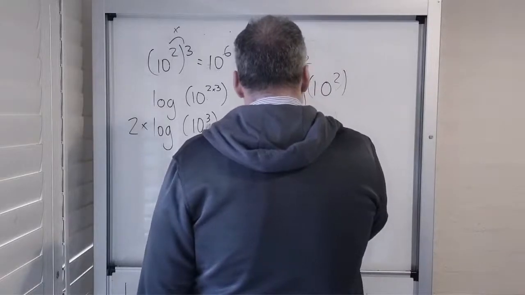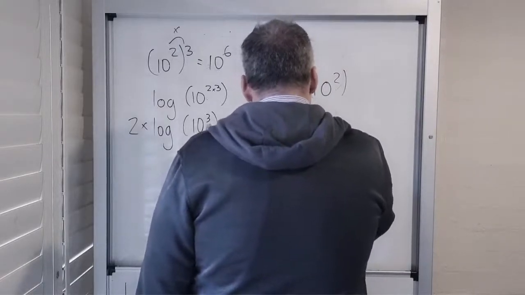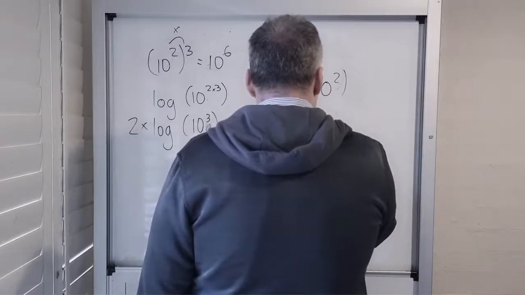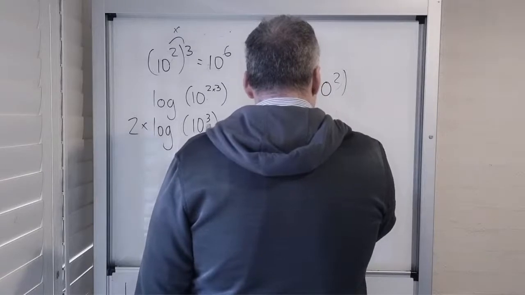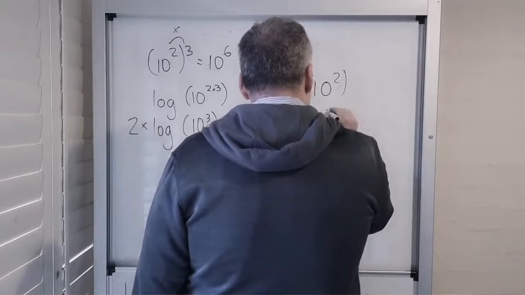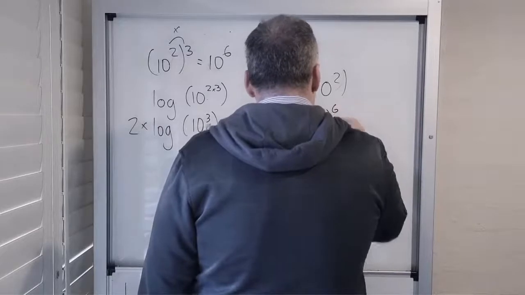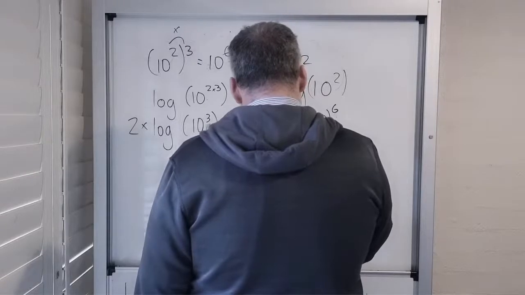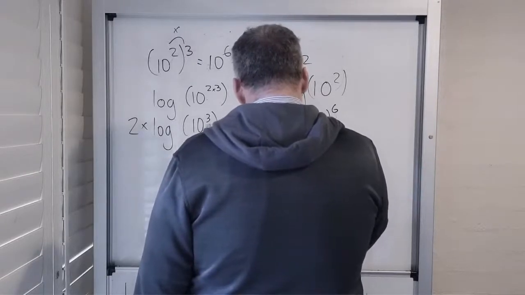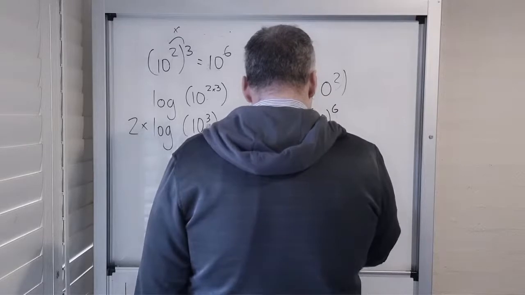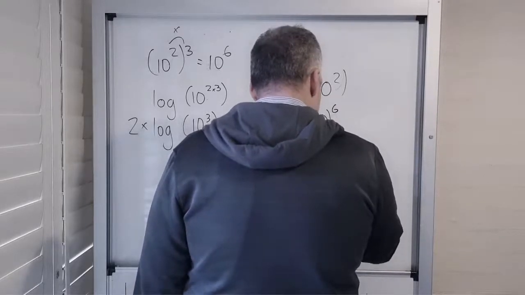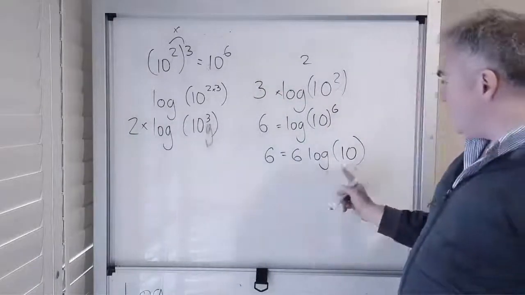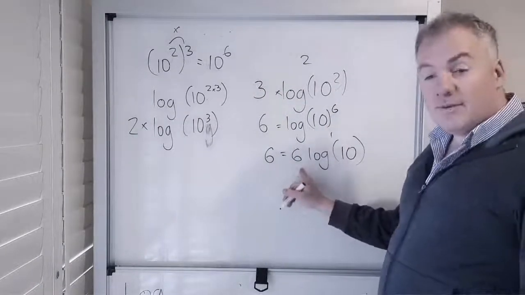In fact, you can bring them both out. So you can have 6 equals log base 10 to the 10 to the 6, and you can also have this one, because this is to the 1, so this is 1, and you're timesing it by 6.